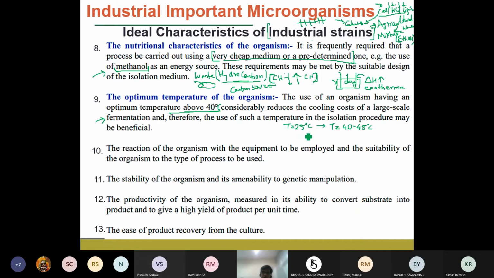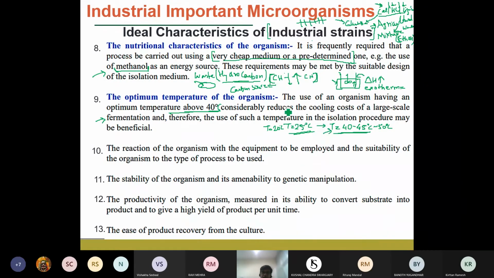So it is always ideal to have microorganisms which can grow at a slightly higher temperature, around 40 to 45 degrees or, for example, 50 degrees, depending upon the microorganisms that we select, compared to a temperature of 25 or 20 degrees for growth. So optimum growth will be around 40 to 50 degrees Celsius.